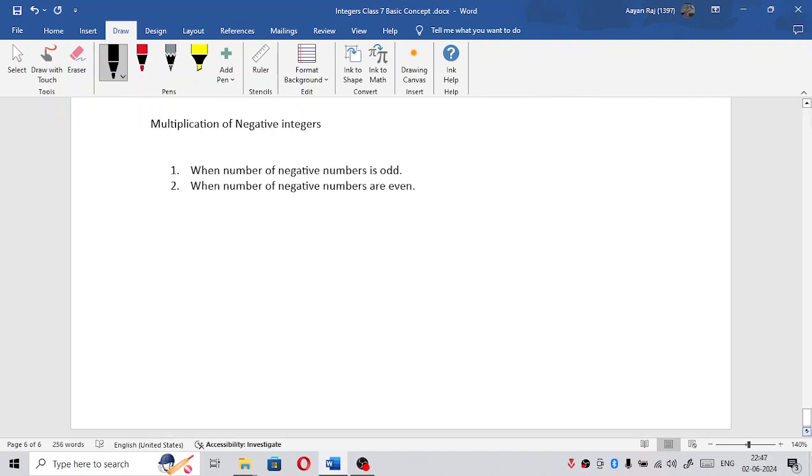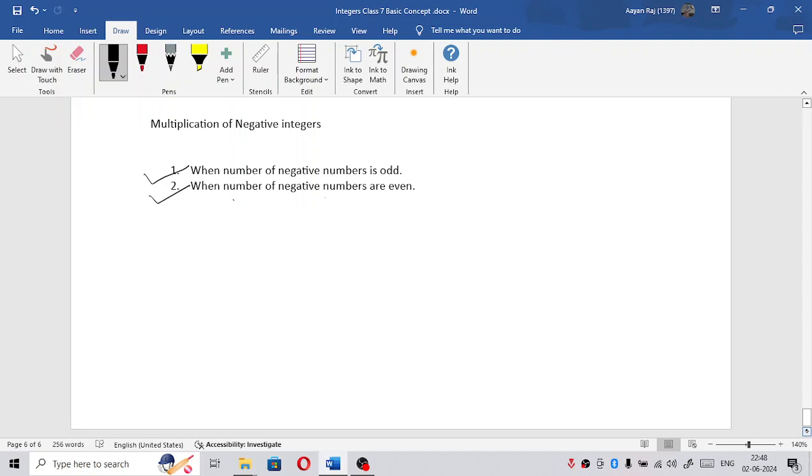Now let's see the behavior when we are multiplying negative integers. There can be a scenario when the number of negative integers which we are multiplying is odd, and there can also be a scenario when the number of negative integers is even. Let's see with an example.